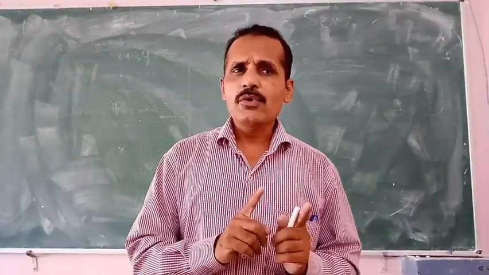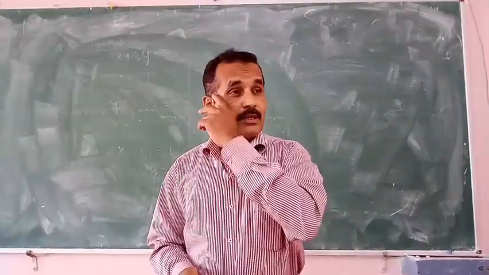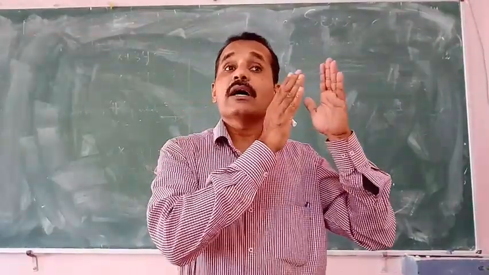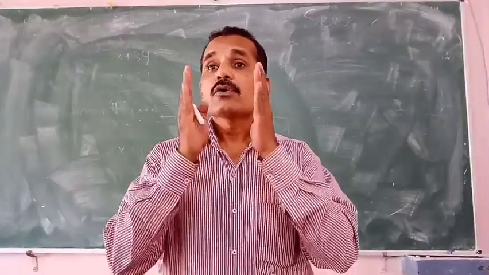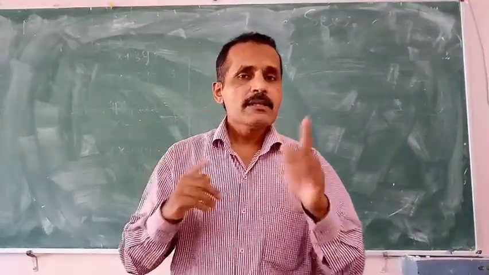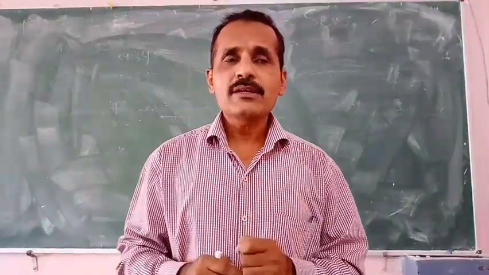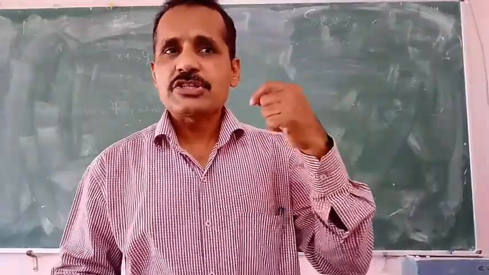In my last video, in the conclusion session, I asked you that some equations have parallel lines, some have coinciding lines, and some have intersecting lines. What is the criteria behind it?